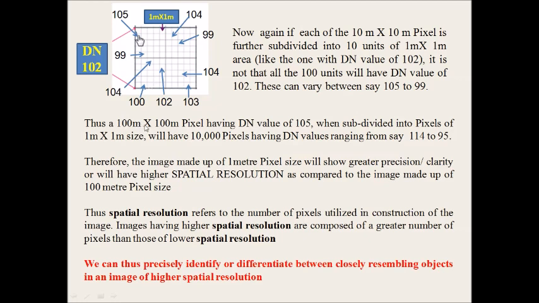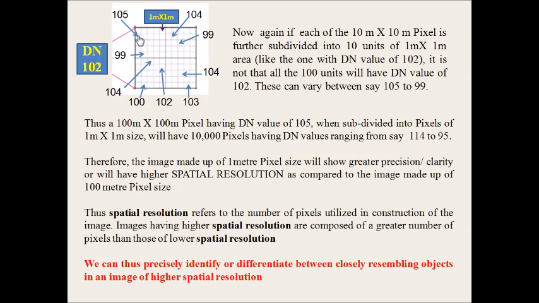Thus, a 100 by 100 meter pixel having a DN value of 105, when subdivided into pixels of 1 by 1 meter, will have 10,000 pixels. Now you can see how much larger the data is. One pixel was representing 100 meters by 100 meters.